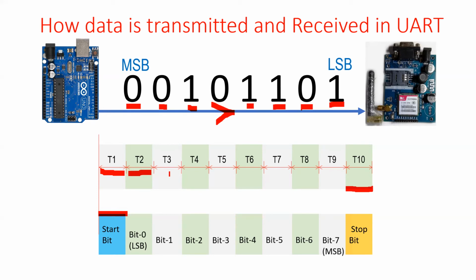The UART is transmitted from the Arduino LSB first, followed by a 1, a 0, two 1s, a 0, a 1, a 0 and a 0, and finally comes the stop bit. So this is how the 10-bit data is transmitted, in which 1 is a start bit and 1 is a stop bit, and the actual data bits are 8.